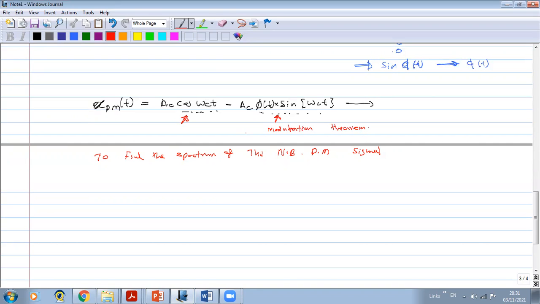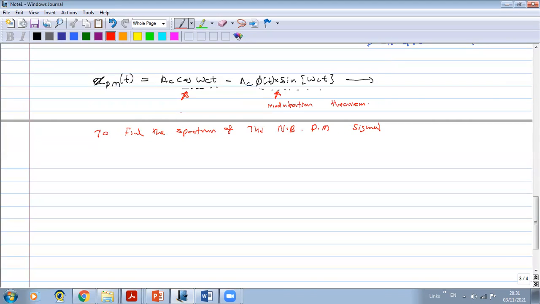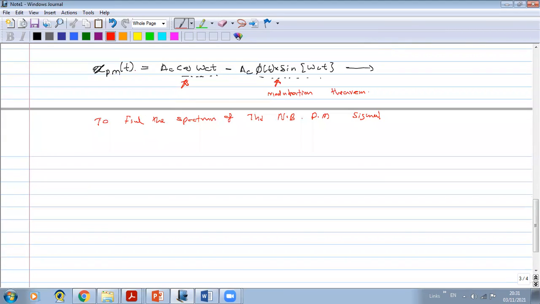So I directly use this knowledge to find the Fourier transform of this signal. I think you can remember that we have done it, so I'm not going to evaluate it here again.